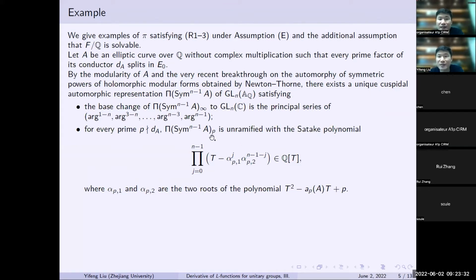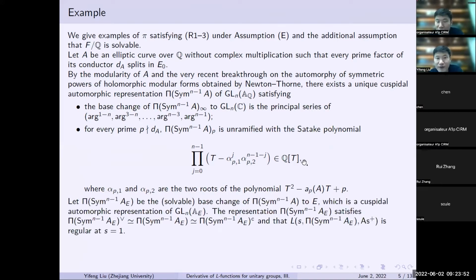Basically, it's the symmetric power of the original representation of GL_2. So I'm just writing it down in a down-to-earth way. The Satake polynomial is this one, where alpha_p1 and alpha_p2 are the two roots of the original Satake polynomial of the elliptic curve, T squared minus a_p T plus p.